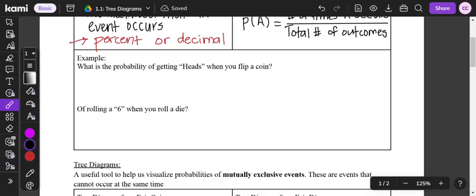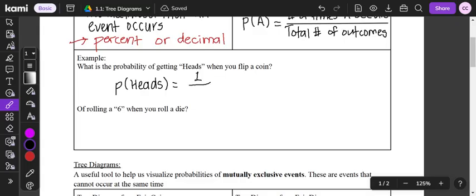And so if I'm calculating just the probability of getting heads, if I use my little formula, I could say the probability of getting heads is going to be equal to the number of times that the event heads occurs. So I flipped the coin once, I got heads. That means I got heads one time, divided by the total number of possible outcomes.